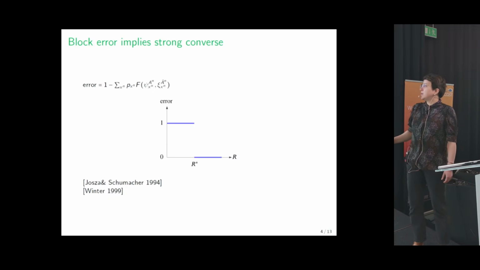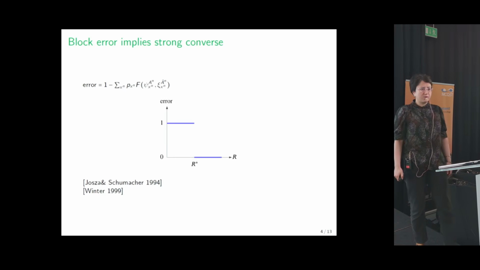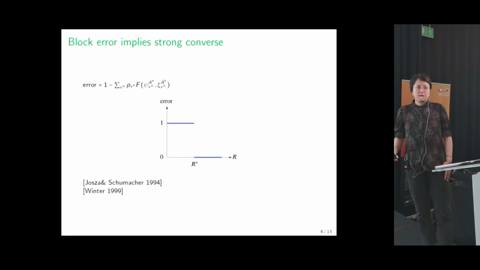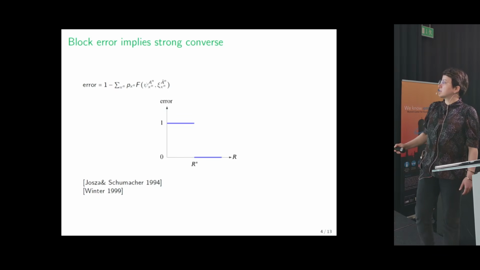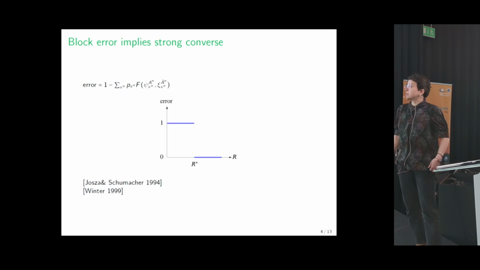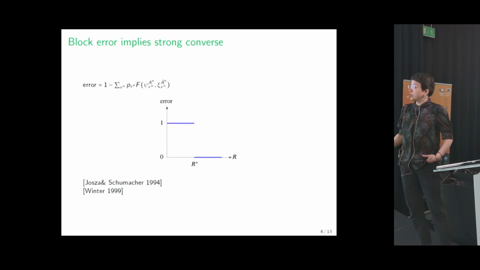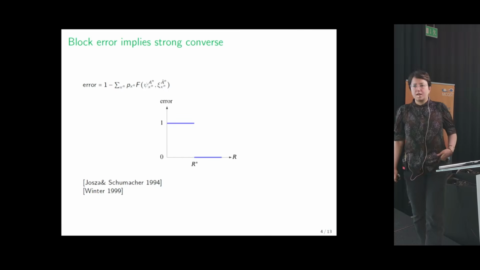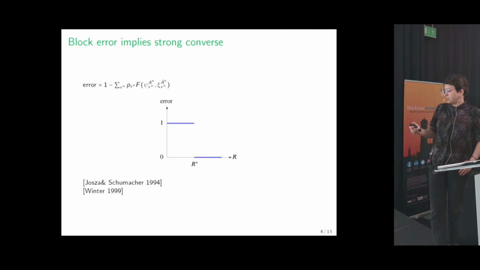If we go a little bit below the optimal compression rate, which is the von Neumann entropy of the source, then the error suddenly jumps to 1. So it's like we can never have a trade-off because of this particular behavior, and this is called strong converse behavior, which was proven by Ogawa and Nagaoka, assuming that the decoder has a unitary structure, and later generalized to the most general case, assuming that the decoder can be any CPTP map, by Winter.